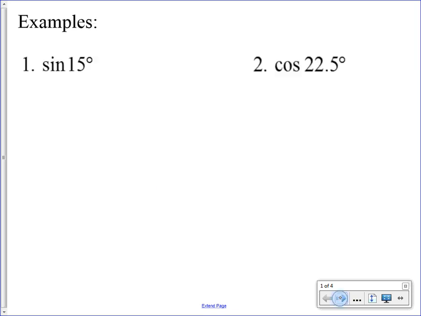All right, let's look at a couple of examples. Say you want to find sine of 15 degrees. Again, 15 degrees is not on your unit circle, but we can rewrite this as sine of 30 degrees divided by 2, because 30 divided by 2 is 15.